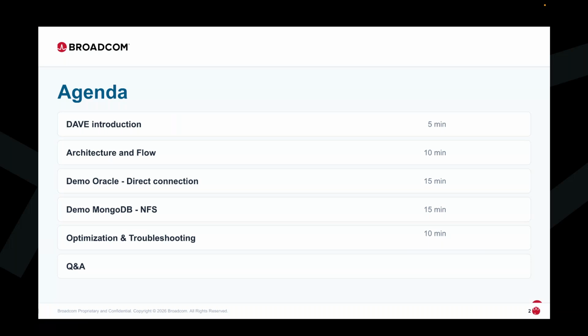Then we'll see what other databases we are supporting currently, and then we go for the optimization part and the troubleshooting. As an end user, before consulting support, we can directly fix many things on our own. So we'll see where we get that information and how we can fix it.